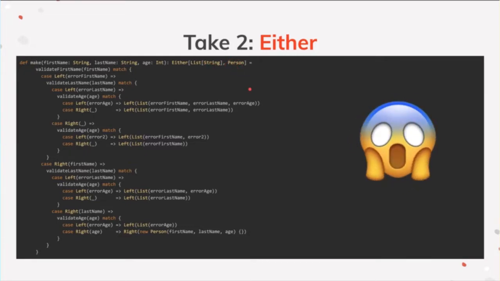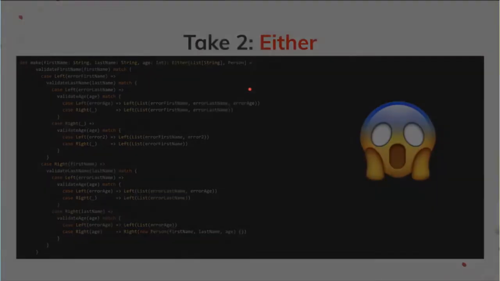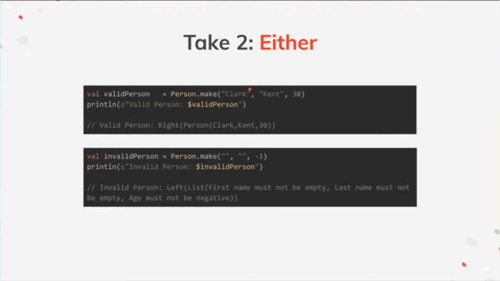Well, it turns out that ZIO Prelude has a very nice solution for this case, and this is the Validation data type. The Validation data type is very similar to Either, but it has 2 cases. One case is the failure case, and in that case, it can fail with a non-empty chunk of errors.